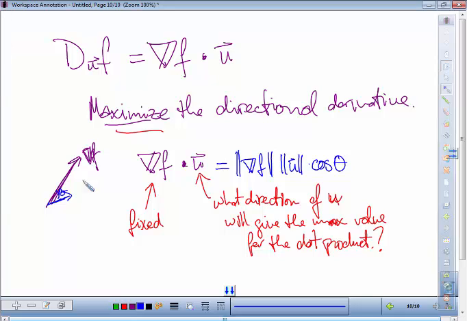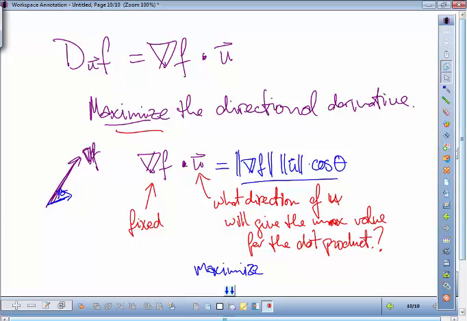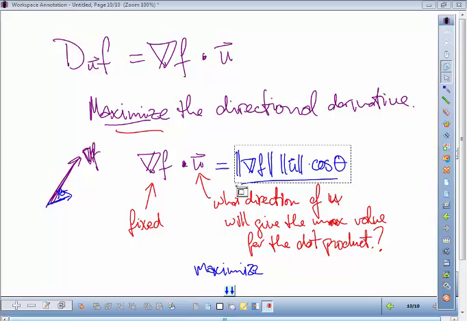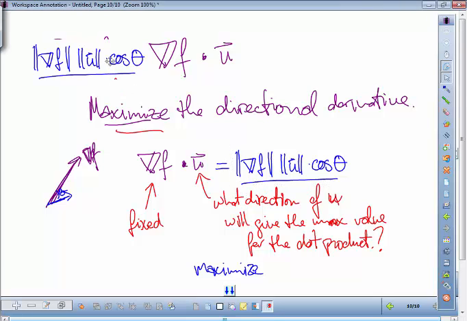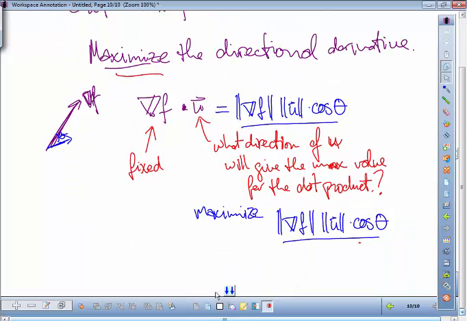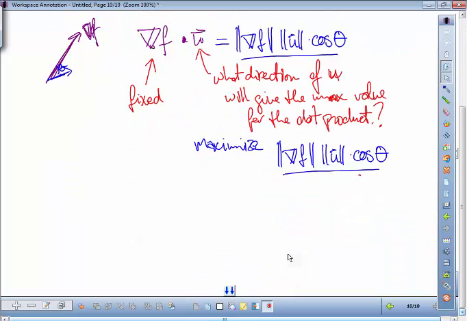So how can we maximize this? The important thing to note is, can we simplify this a little bit?